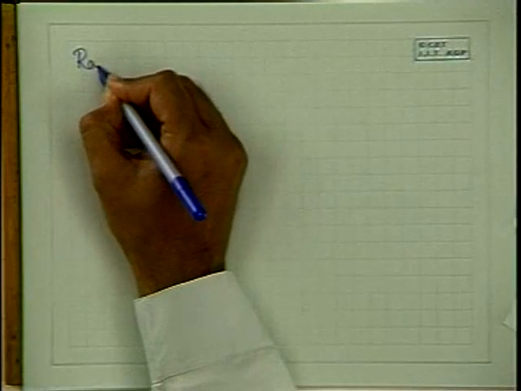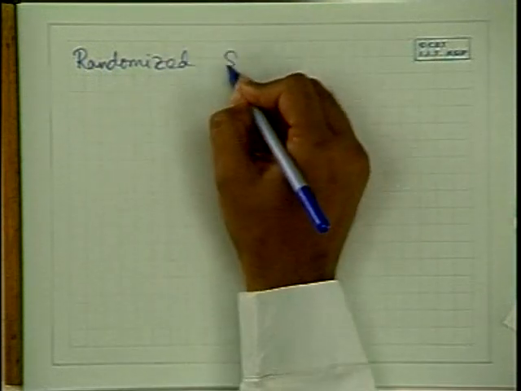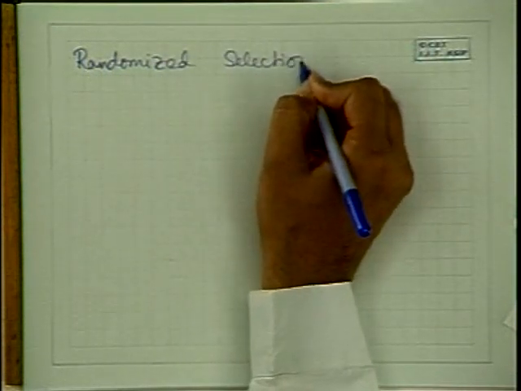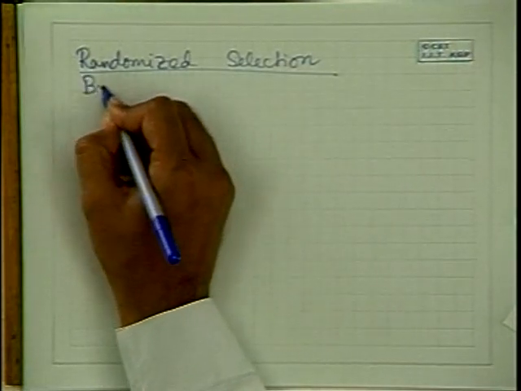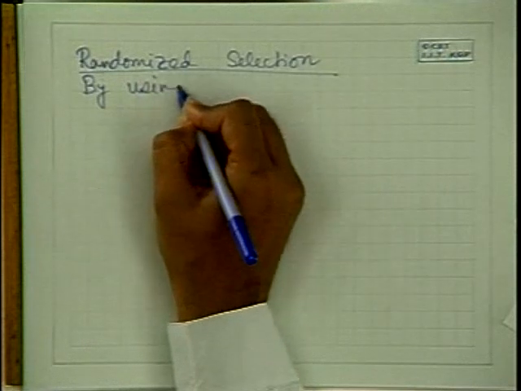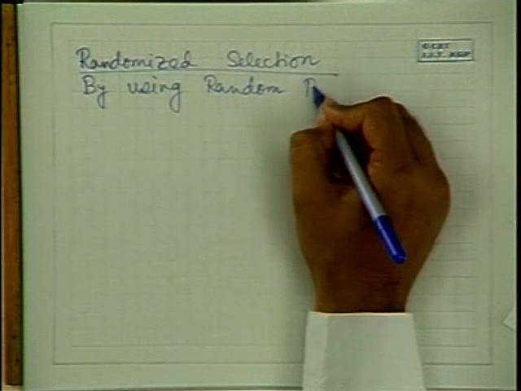So we have now randomized selection, by using random partition.